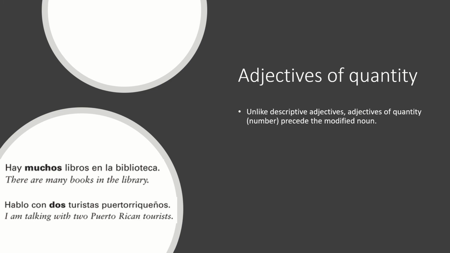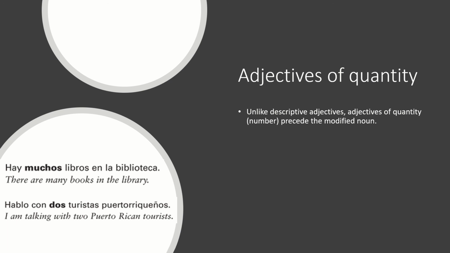When we talk about adjectives of quantity, that would mean numbers or adjectives that can mean many or a lot, okay? These are typically going to go before the noun. So when we're talking about adjectives that give us some kind of number or amount, those are going to go before the noun.